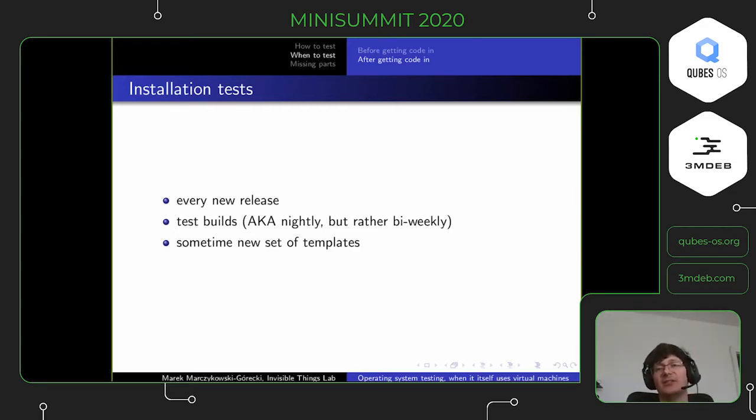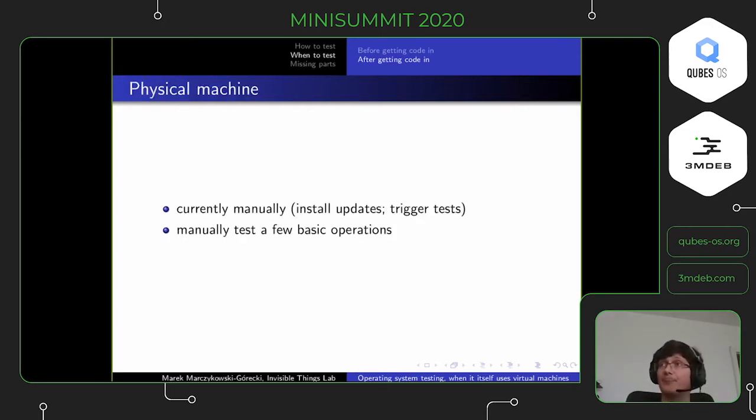We start either from an installer image with new templates included, or install templates as an update, and then run tests on those templates. And then we also test on physical machines.